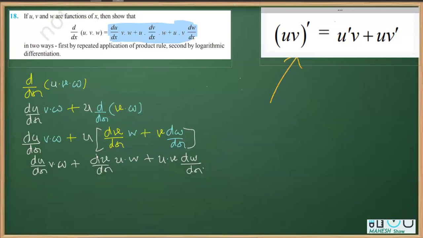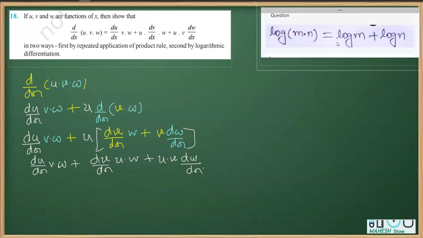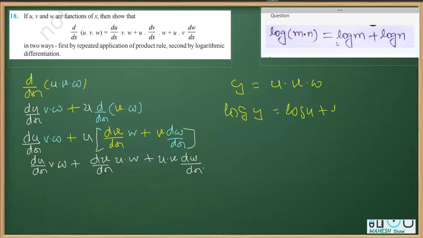This time we are going to do the same question, but applying the logarithm. So we are going to apply this property, that log of m times n is log m plus log n. I'm going to consider the given function as y, that is u·v·w. Now, if I apply log on both sides, it's going to be log y is equal to log u plus log v plus log w.